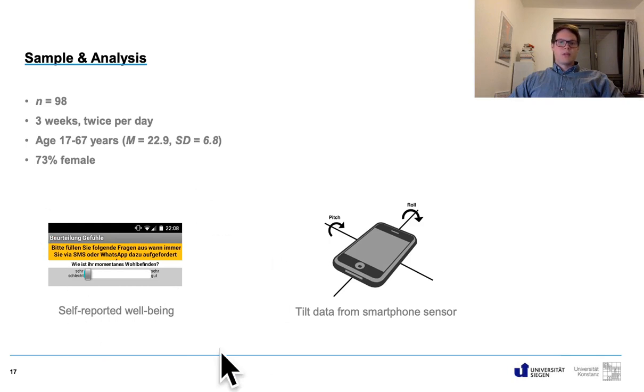And when people answered this question about their subjective well-being, we also got the data on the tilt of the smartphone from the sensor automatically. The tilt of the smartphone means how much the smartphone is tilted in a direction, and this can be inferred from the gyro sensor and then sent with the same answer.